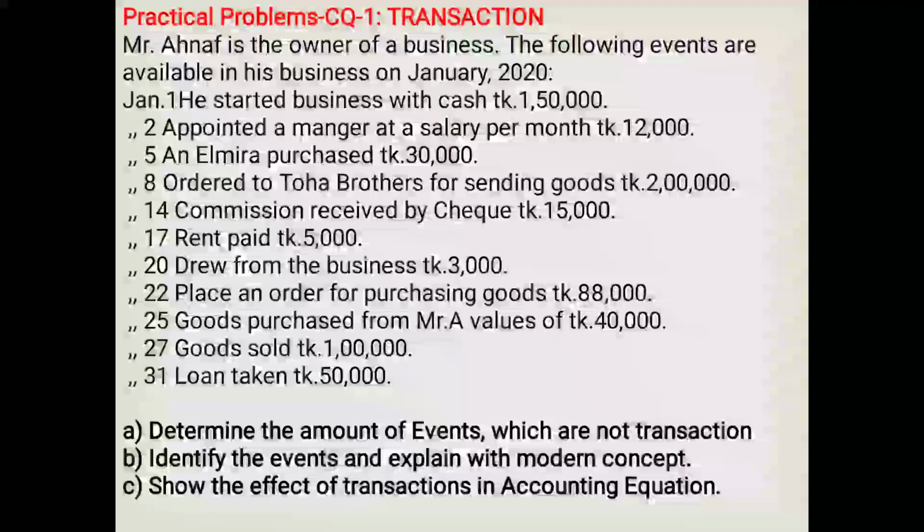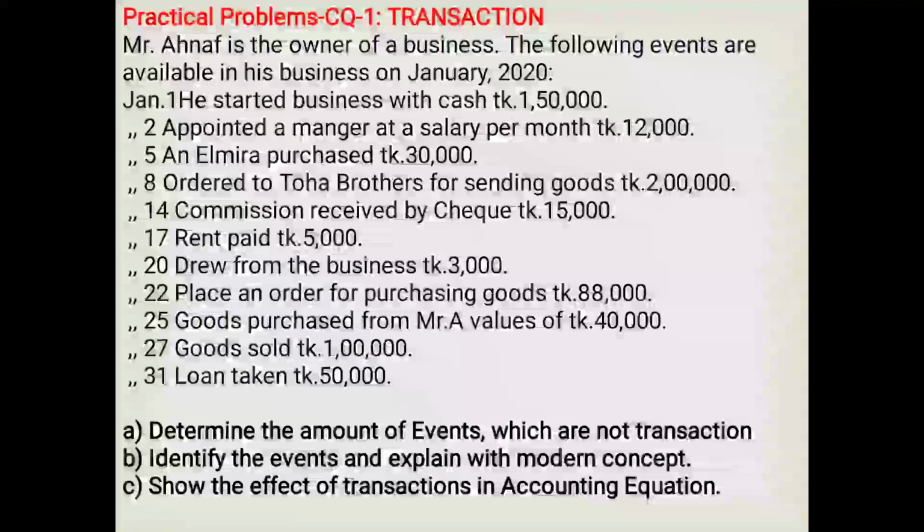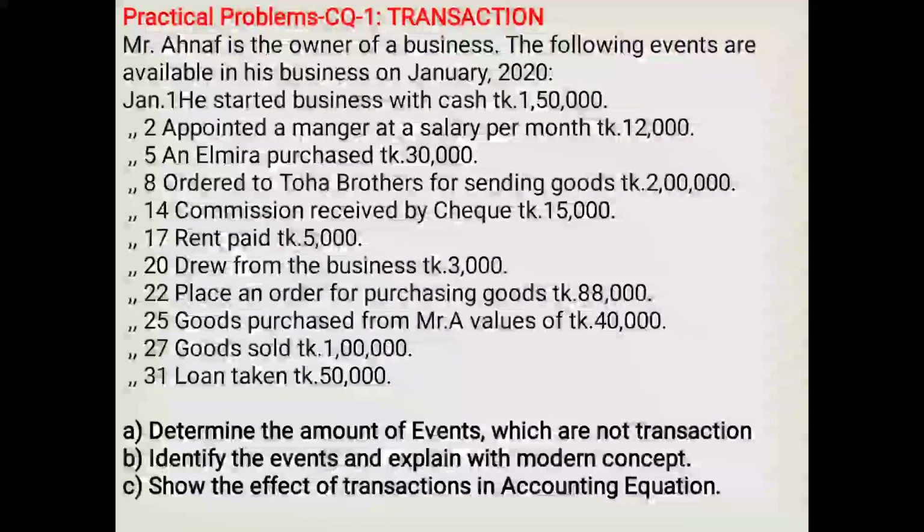From the above stem, we can record 3 questions. You have to know there are 3 requirements in each creative question in the accounting subject from class 9, 10, and now 11, 12 business studies also.